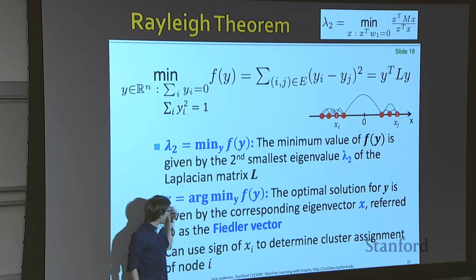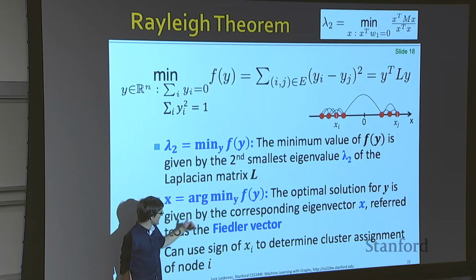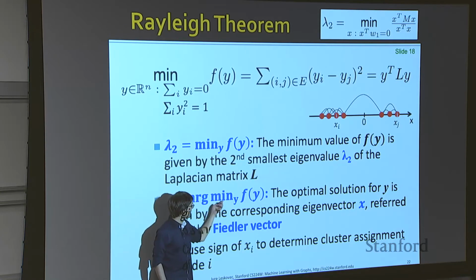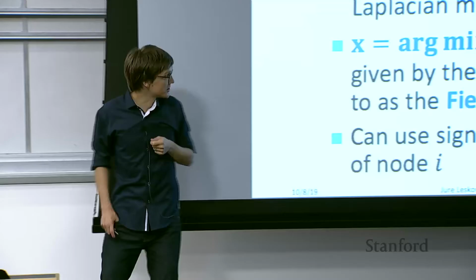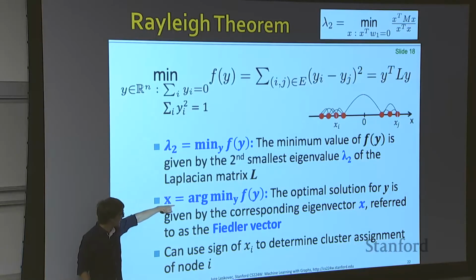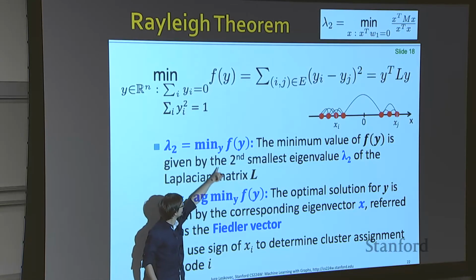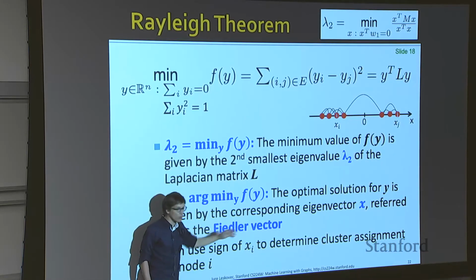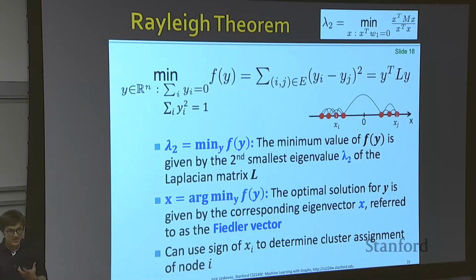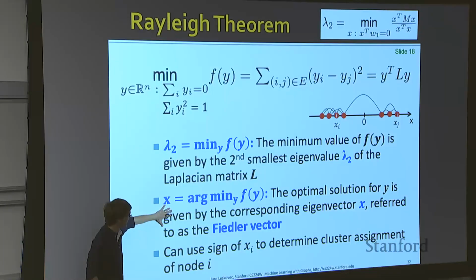And then x, the eigenvector corresponding to the second smallest eigenvalue, is the other part of the solution to this problem. And this eigenvector x that corresponds to the second smallest eigenvalue is called the Fiedler vector. So if somebody says Fiedler vector, this is what they mean.